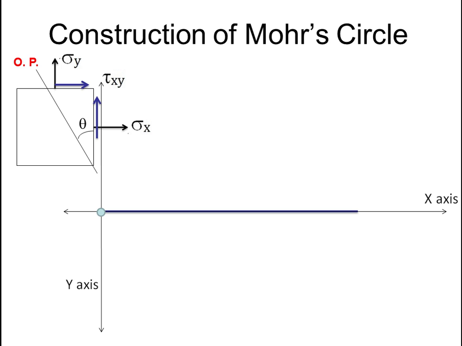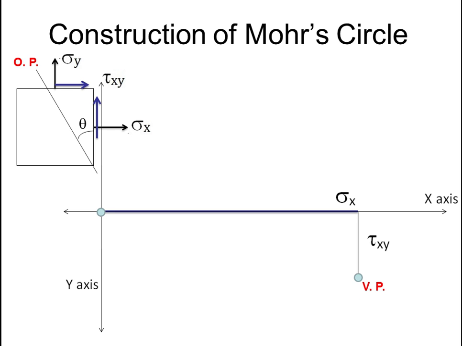Now we have to convert sigma x into a suitable scale, and since this is tensile in nature, it is represented on the positive x-axis, and the shear stress in the vertical plane is tau xy. Try to rotate the block in an anti-clockwise manner, so it is represented on the negative y-axis. So now we are getting the vertical plane.